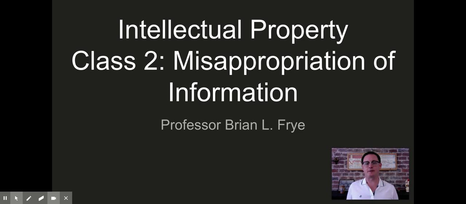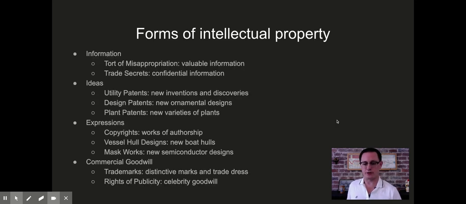Today we're going to be talking about the tort of misappropriation of information, which is often better known as the hot news doctrine. And you'll see the tort of misappropriation listed in the forms of intellectual property that I briefly laid out for you in our last class.